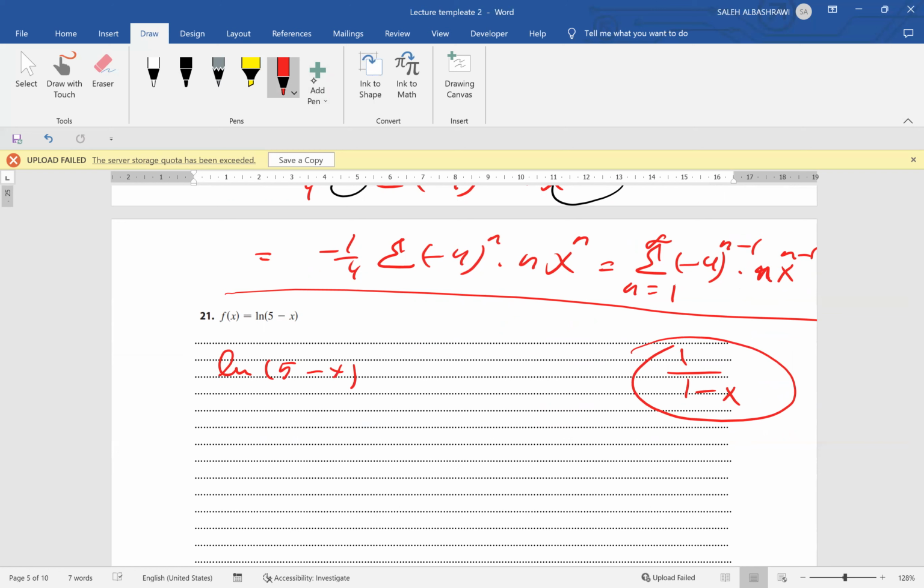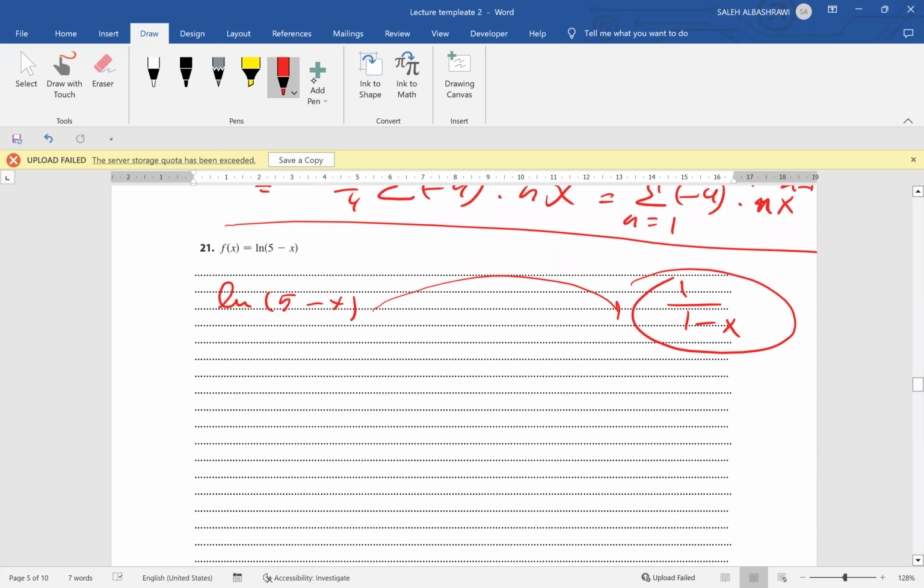Now, ln of 5 minus x, how is this related to this one? But we know that ln of 5 minus x is the integration of 1 over 5 minus x dx.